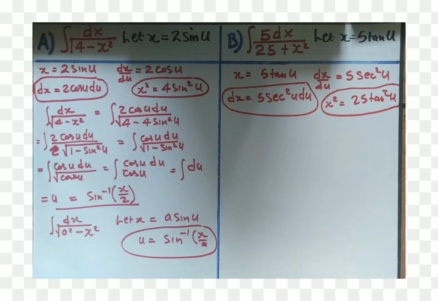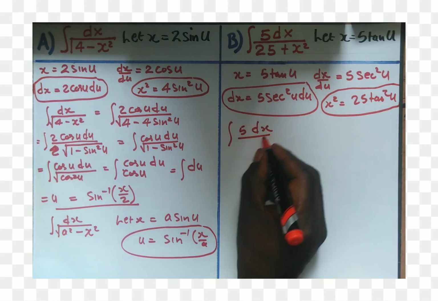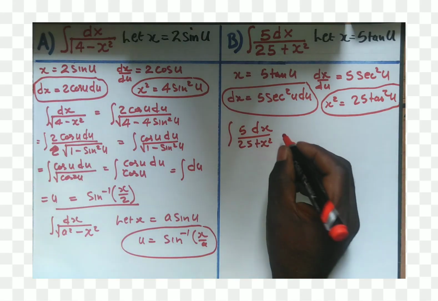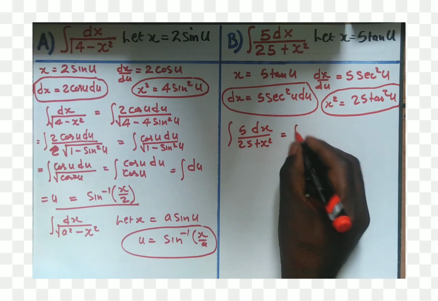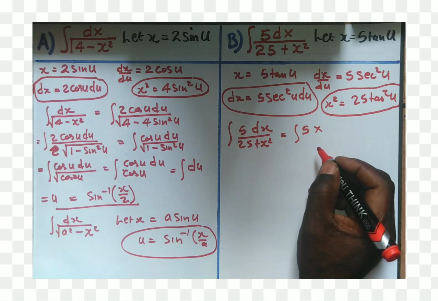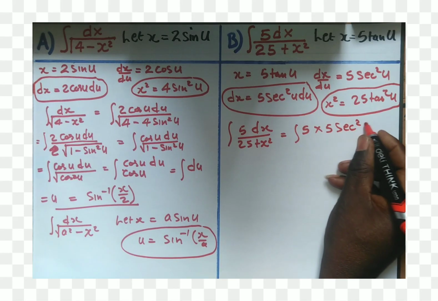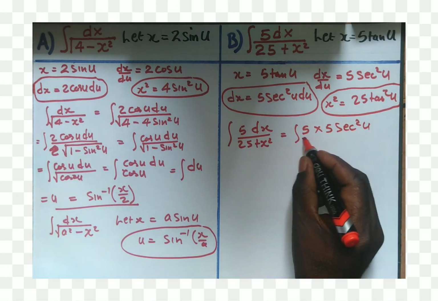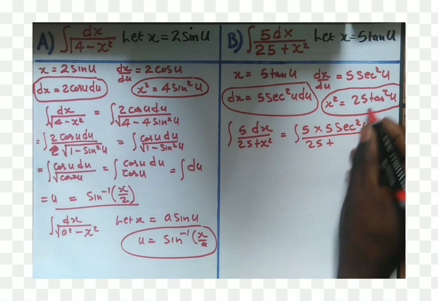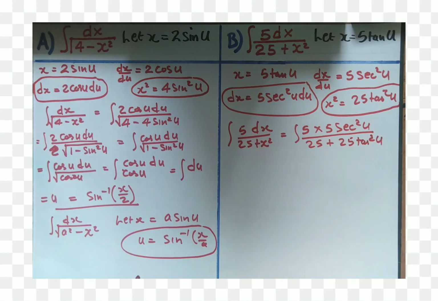Right. We go back to our integral now, which is 5 dx over 25 plus x squared. Substituting for dx and x, we get the integral of 5 times our dx, which is 5 sec squared u du, and down here we've got 25 plus our x squared, which is 25 tan squared u.